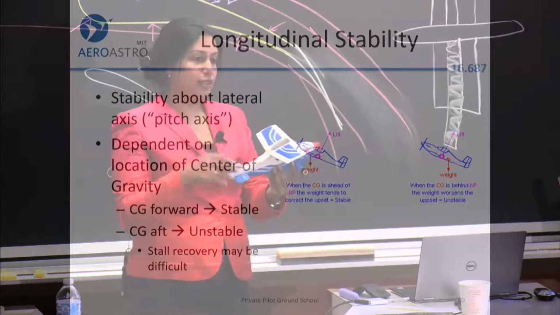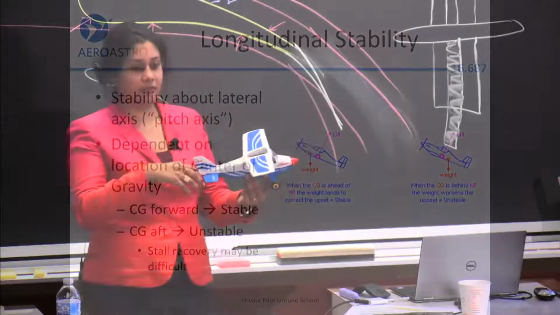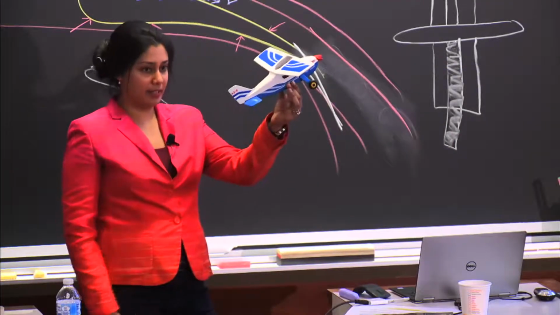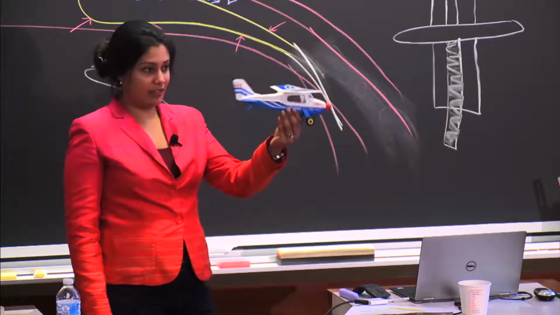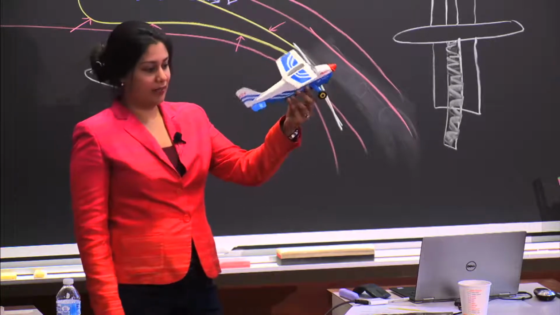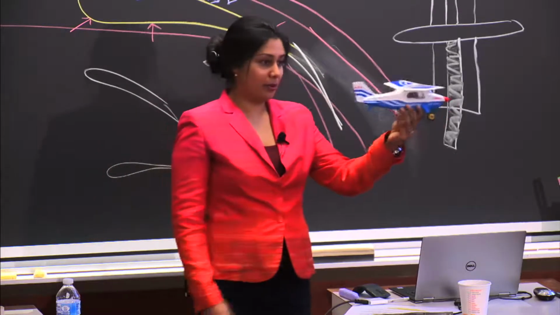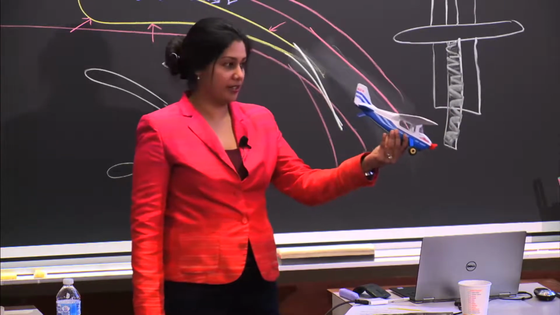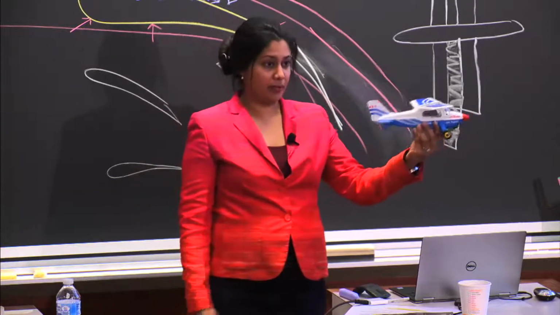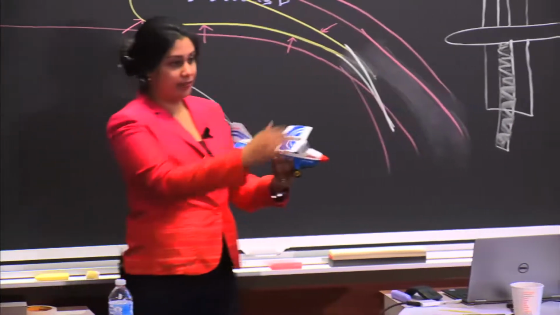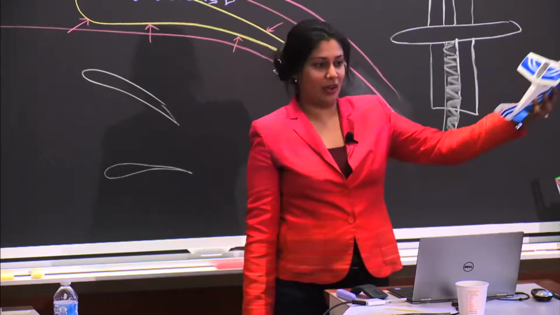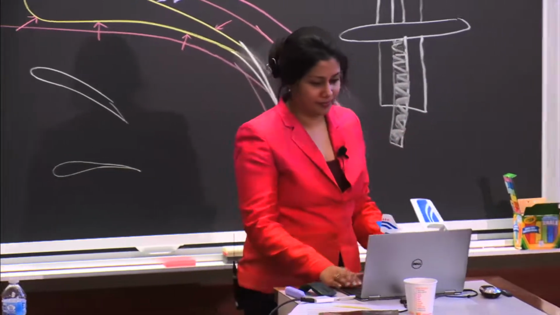If you have too much weight aft of the CG, or behind the center of gravity, you can cause the plane to basically go like this, which isn't very helpful when you're flying. If you have things a little too forward, it actually pushes the nose down. In general, nose down is a little bit more stable from the perspective of lift and getting air to fly over. You don't want something that keeps trying to stall whenever you let go of it.